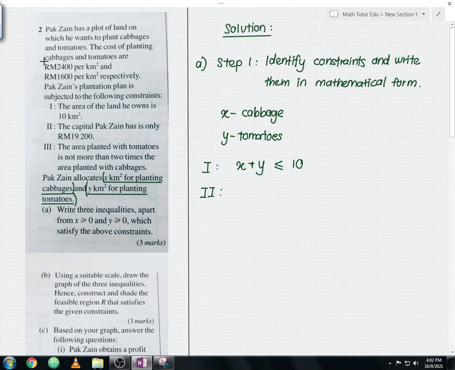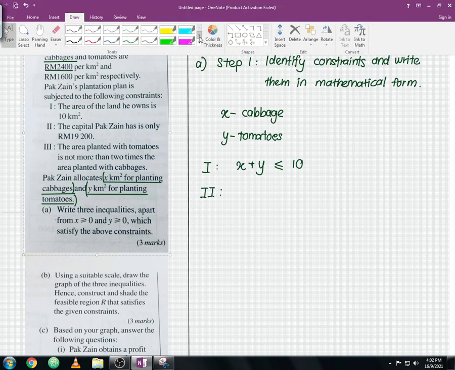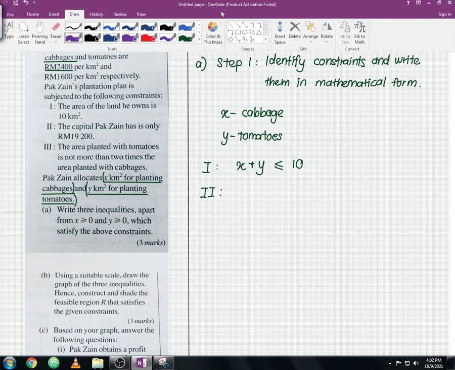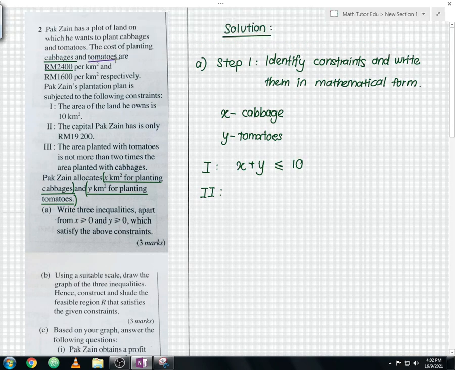So cabbages is 2,400. For tomatoes, let me use a different color, tomatoes is 1,600.